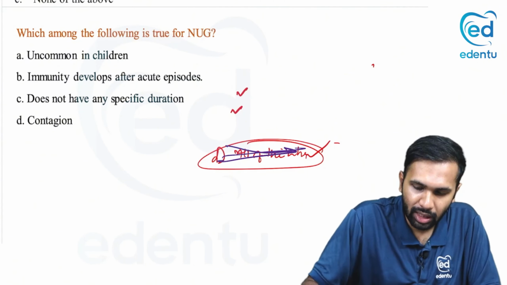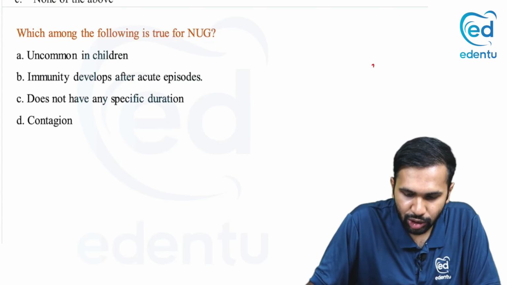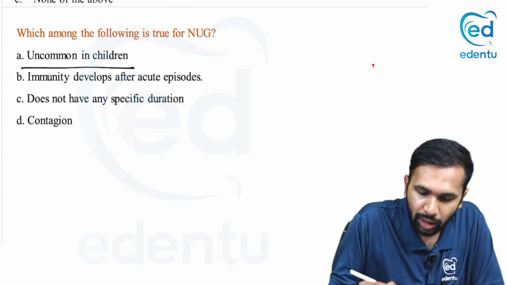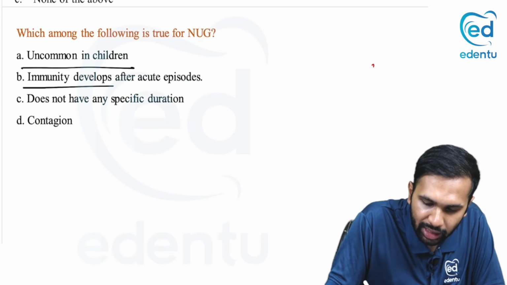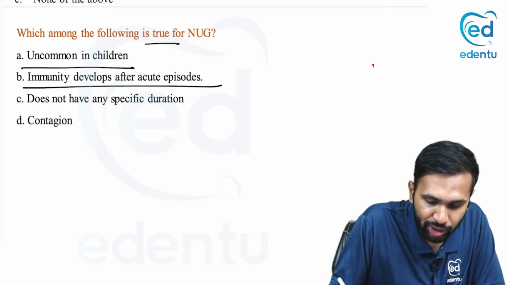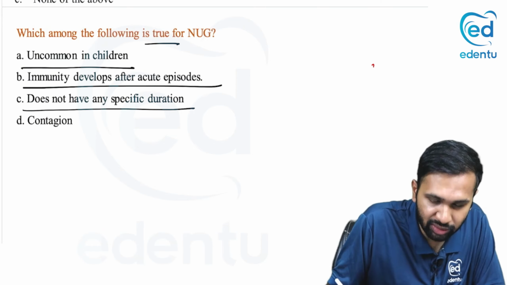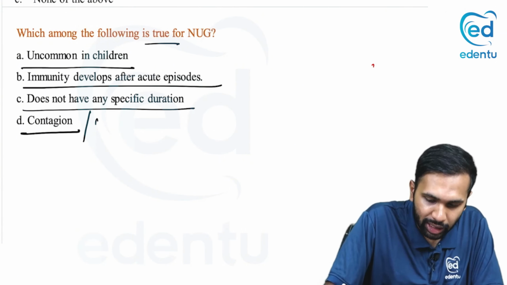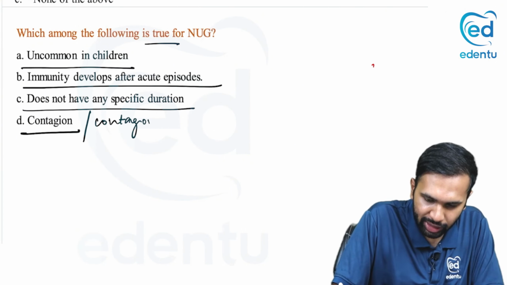Now, NUG. Which of the following is true about NUG? Option A, uncommon in children. Option B, immunity develops after acute episodes. Option C, does not have any specific duration. And option D, contagion, meaning it is a contagious disease.